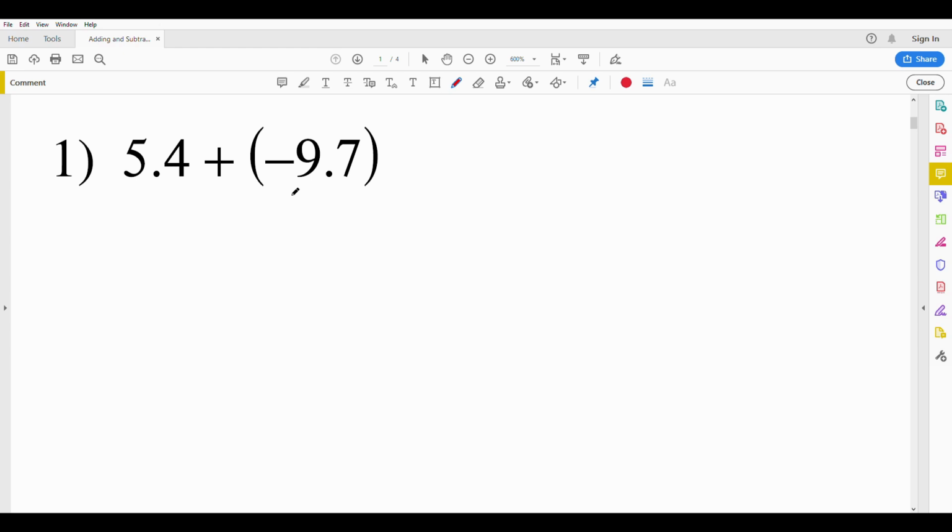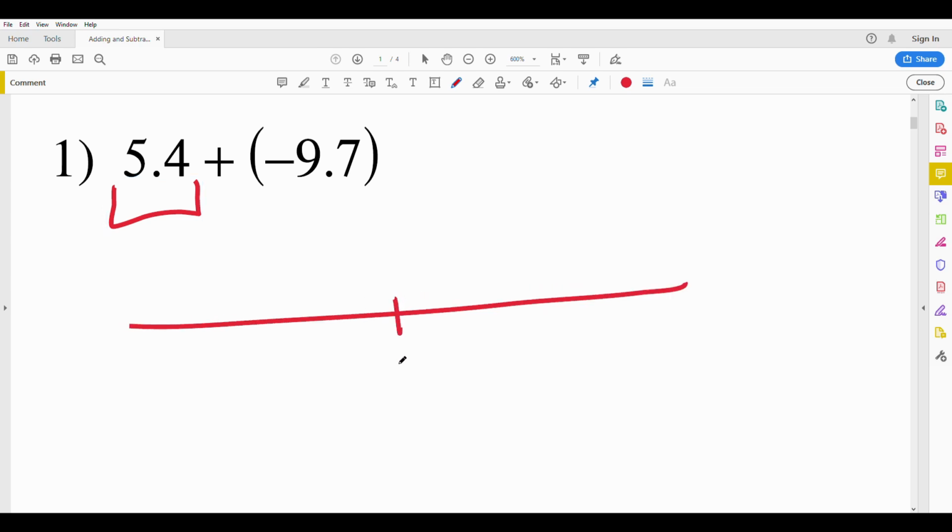Well, it's all based on how far our numbers that are getting added to each other are away from 0. So the distance from 0. If we were looking at a number line, if 0 is here, 5.4 would fall approximately here, whereas negative 9.7 would fall further away from 0.